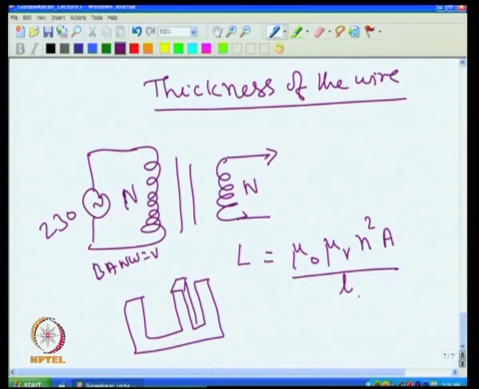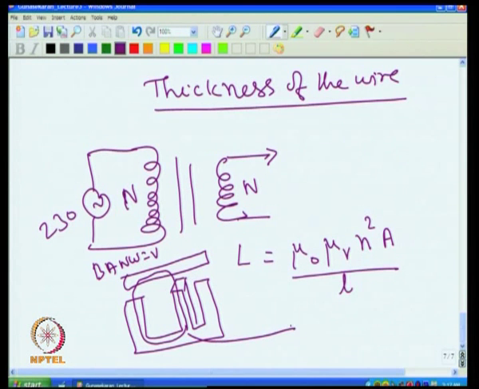Here, the path length l is this: you start here, go like this and enter, that is l. The two rounds, so one of them is to be taken. That is the path length of the magnetic field.